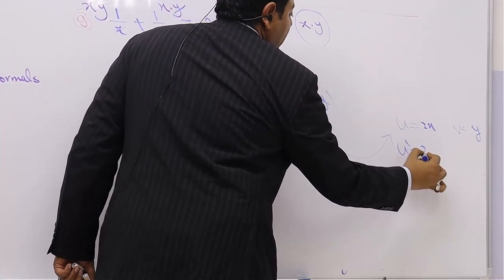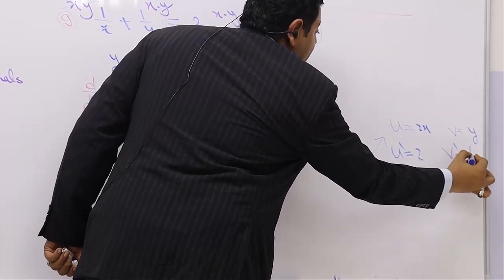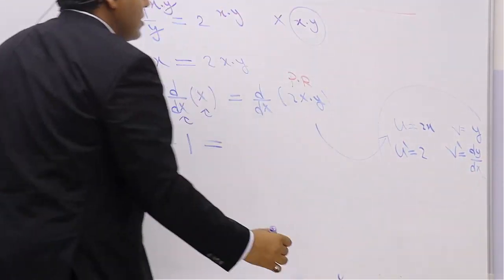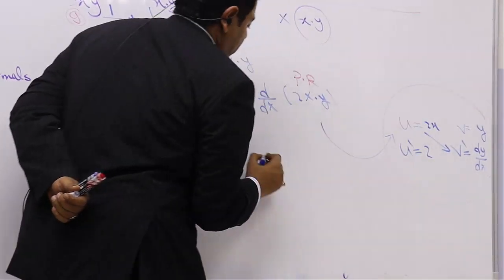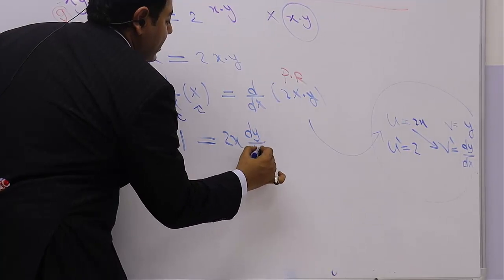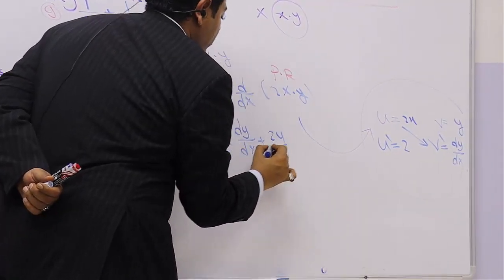The derivative of x here is equal to 1. And the derivative of y is 1 times dy with respect to x. Using the product rule here, u times v dash will be x times dy with respect to x. Plus v times u dash, it will be y.